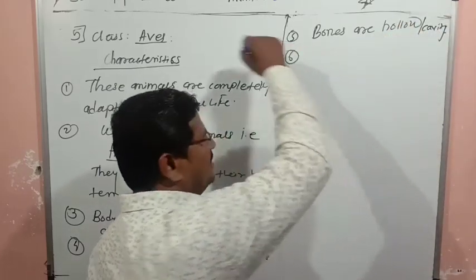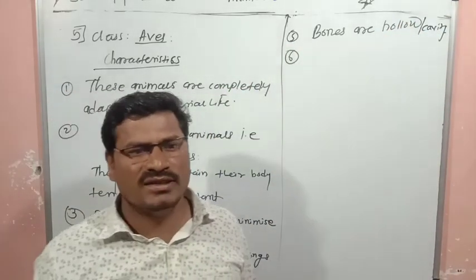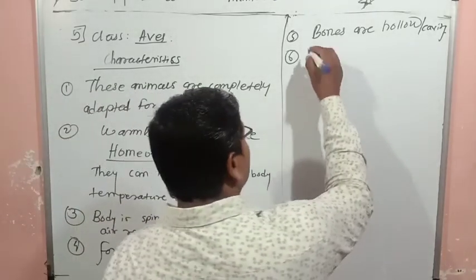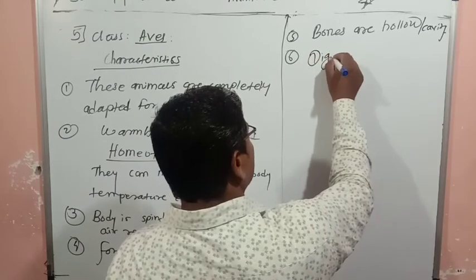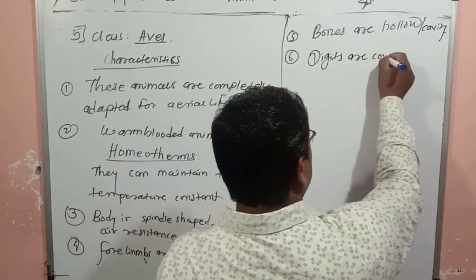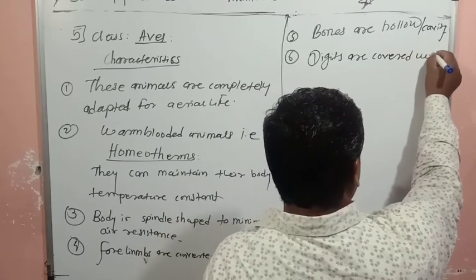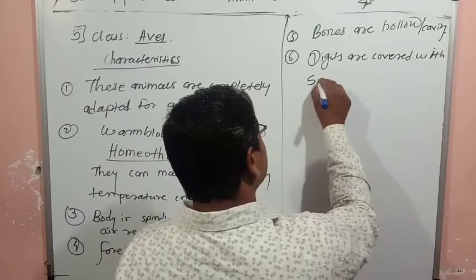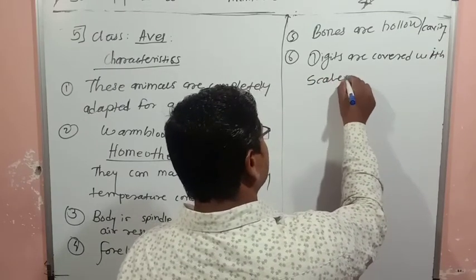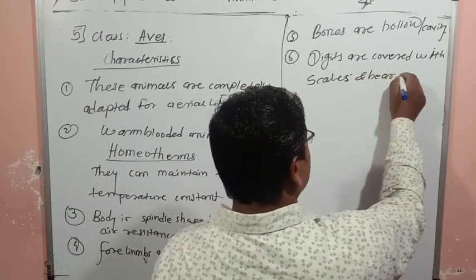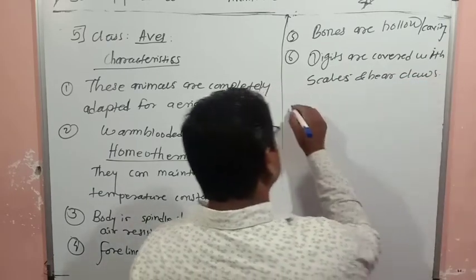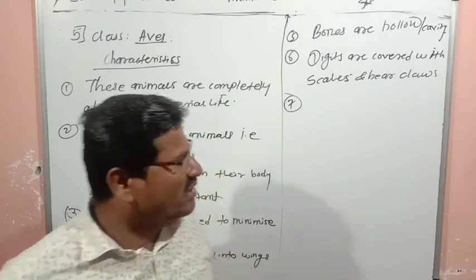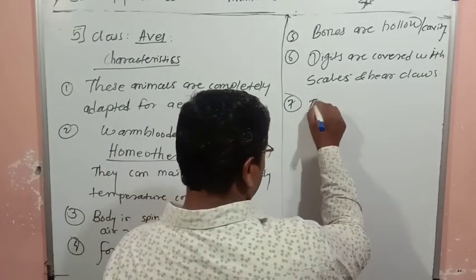Next characteristic is that digits are covered with scales and bear claws. Seventh characteristic is that exoskeleton is in the form of feathers.